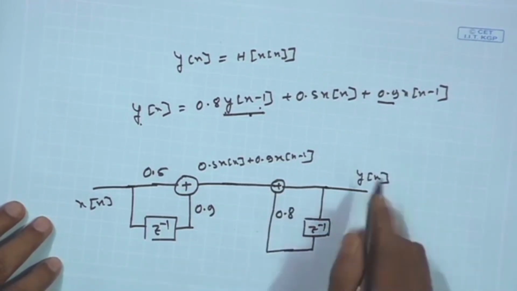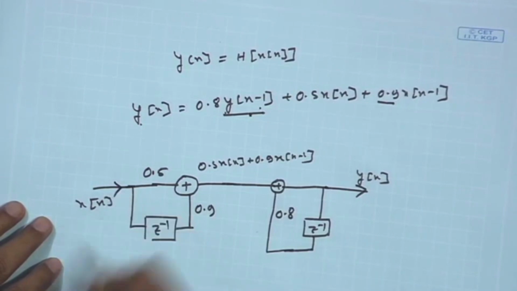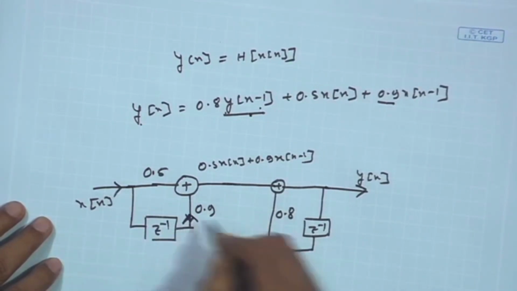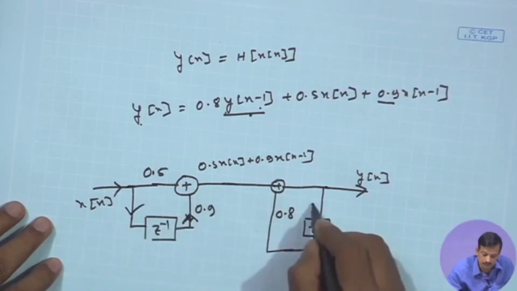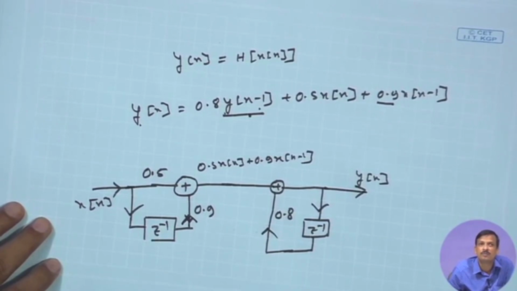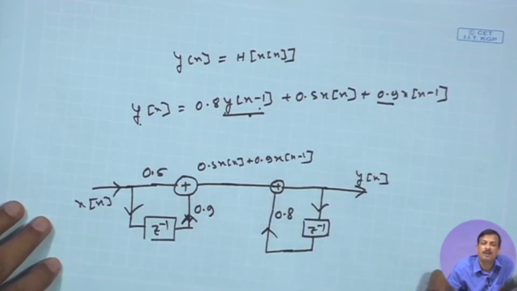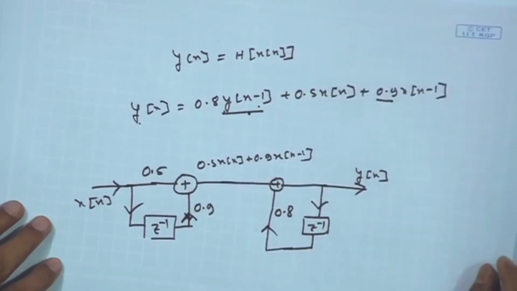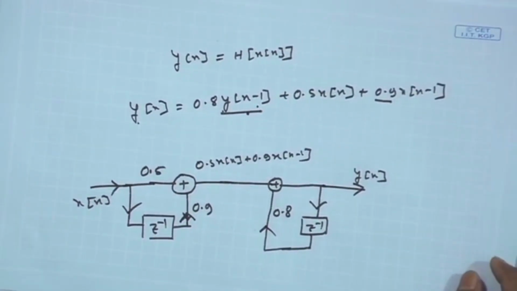So, this is my system diagram. This is y n and this is x n. So, signal flow is this way, this way. Okay. So, a discrete system can be implemented this way. So, z to the power minus 1 is nothing but a single sample delay.